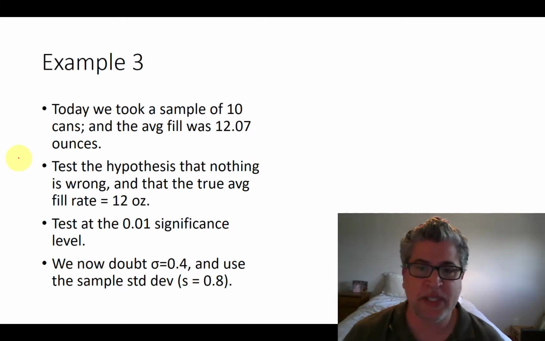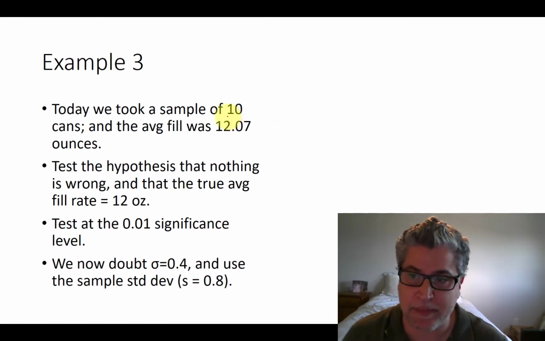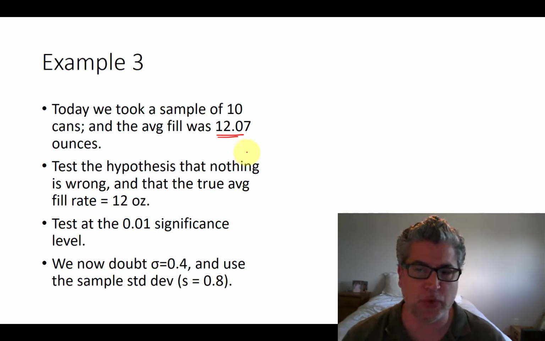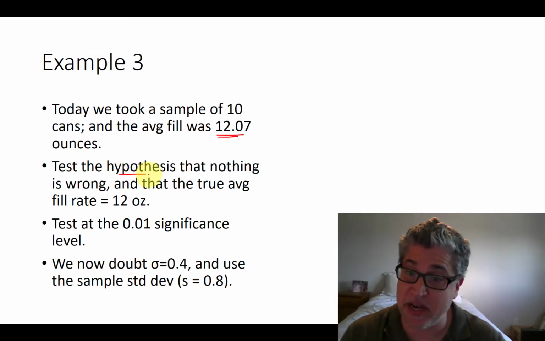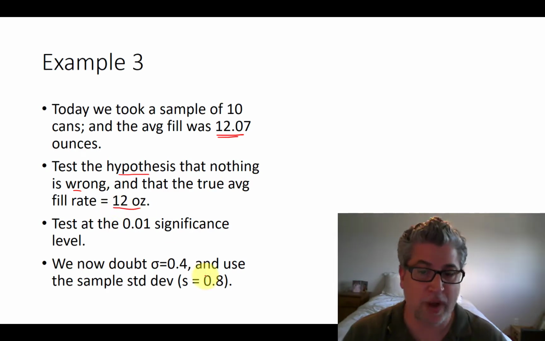So we're still dealing with Coke cans, but we're taking a sample of 10. And this time, let's say that we filled a little bit more than usual, just 12.07 rather than 12. Now, is this cause for concern? Do we need to shut the machine down again? All right, so we're going to test the hypothesis that nothing is wrong and that the true average really is 12, despite what we got from a sample.